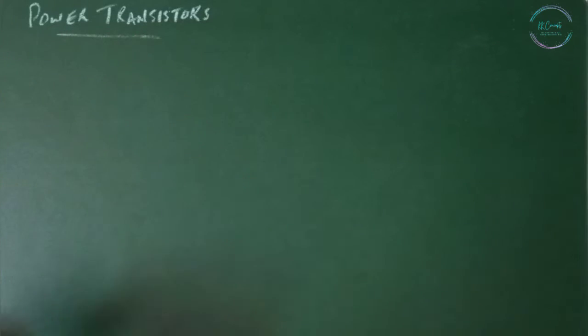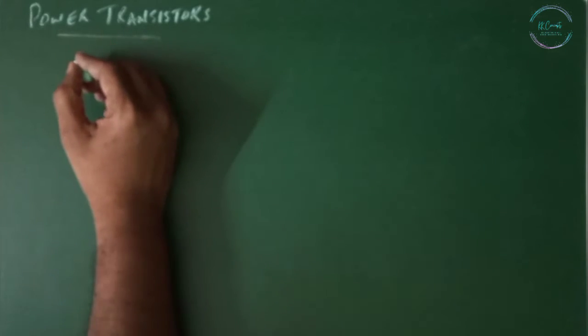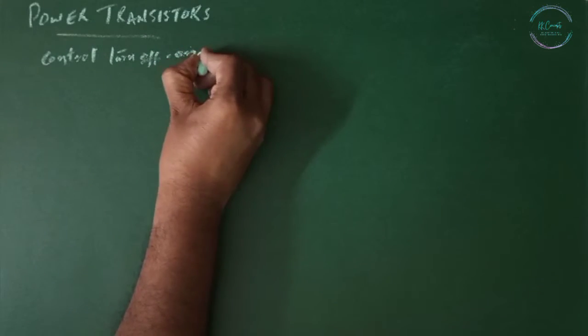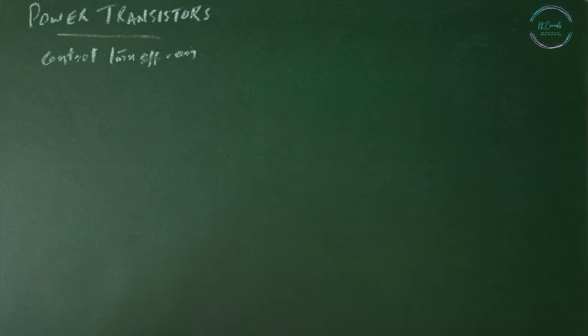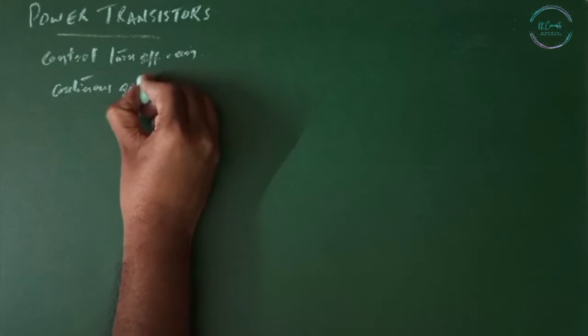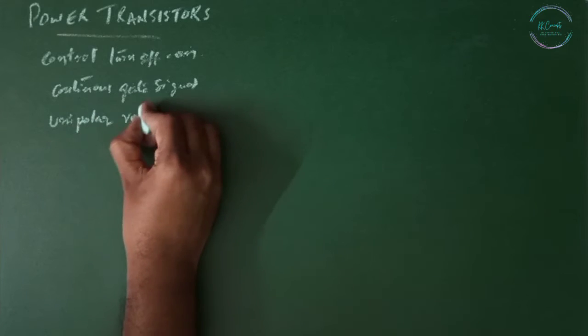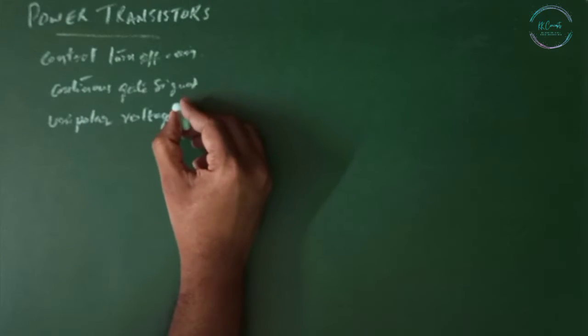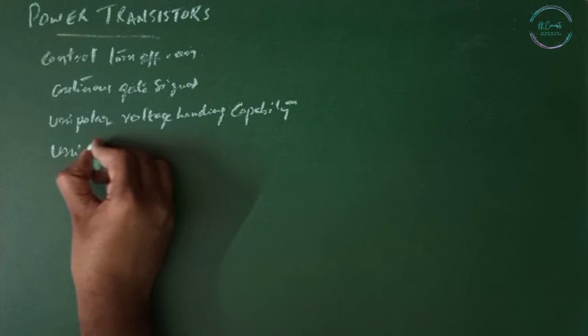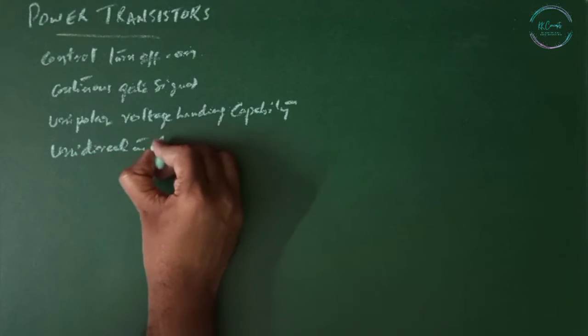Power transistors have controlled turn-off and turn-on characteristics, but they need a continuous gate signal, and they have unipolar voltage blocking capability as well as unidirectional current capability.